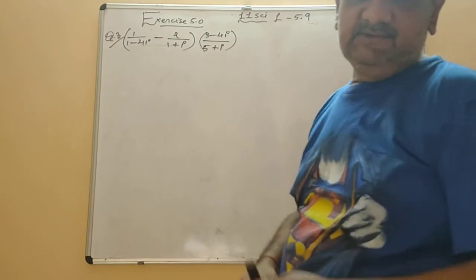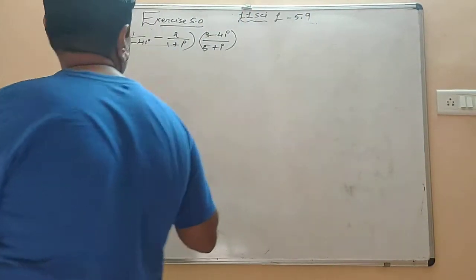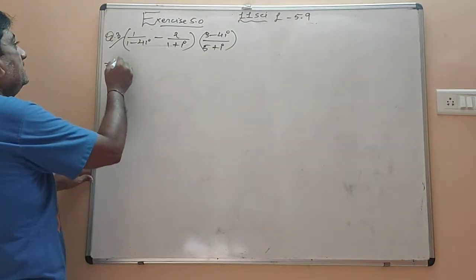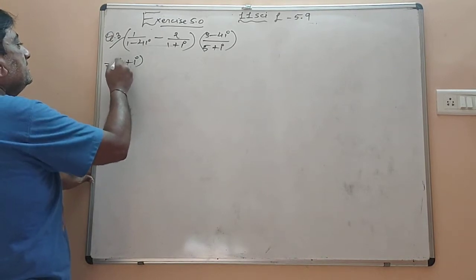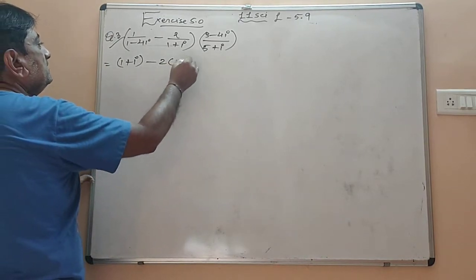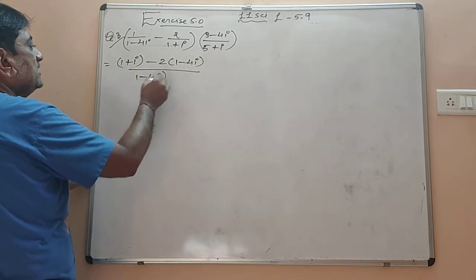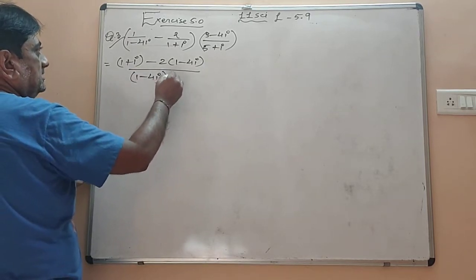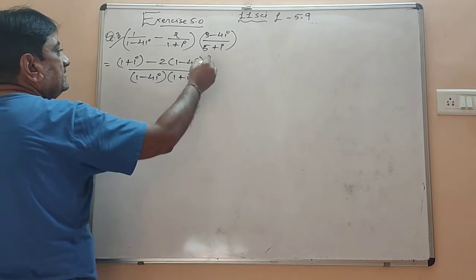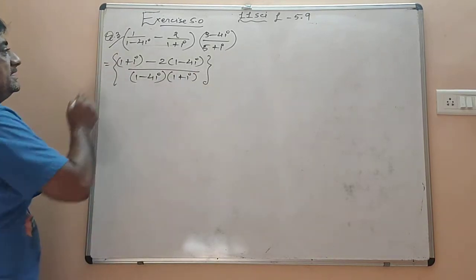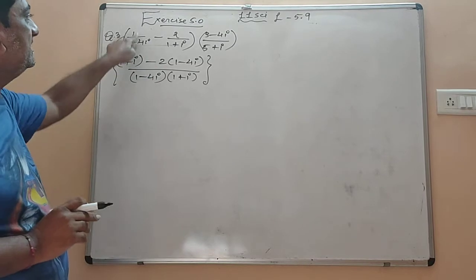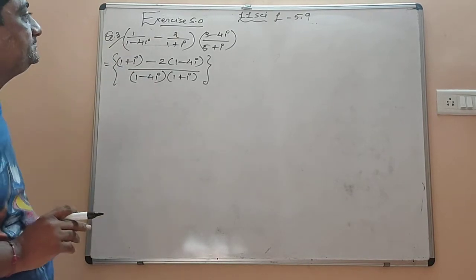तो अब हम सम स्टार्ट करेंगे बाय टेकिंग एलसीएम. 1 प्लस i माइनस 2 (1 माइनस 4i) अपॉन 1 माइनस 4i into 1 plus i. By taking LCM, it is cross multiplication simply.